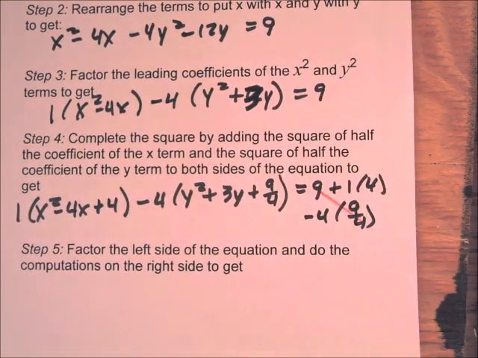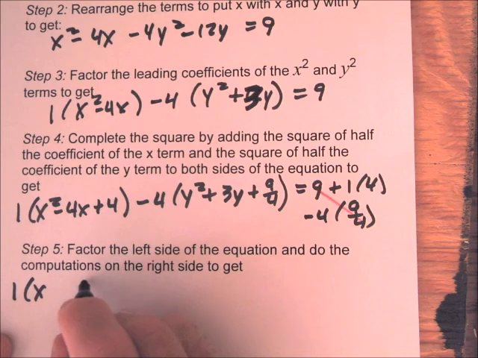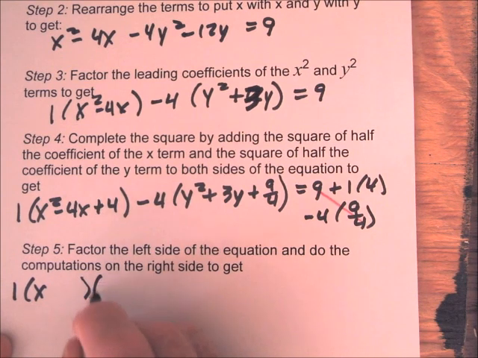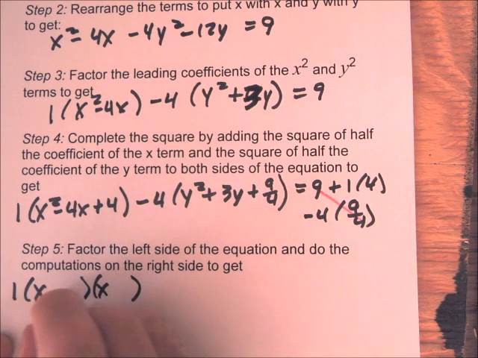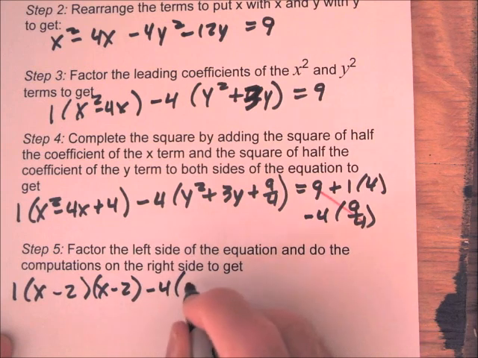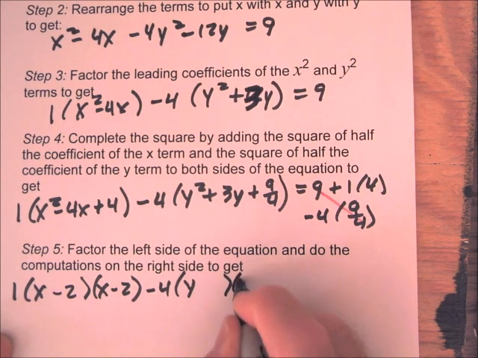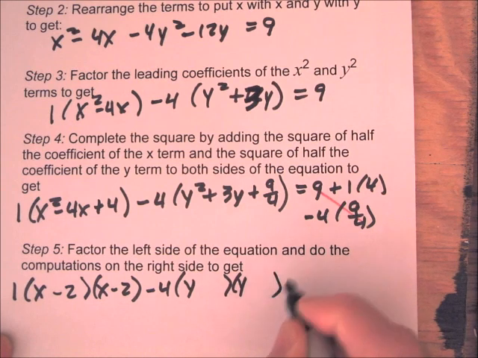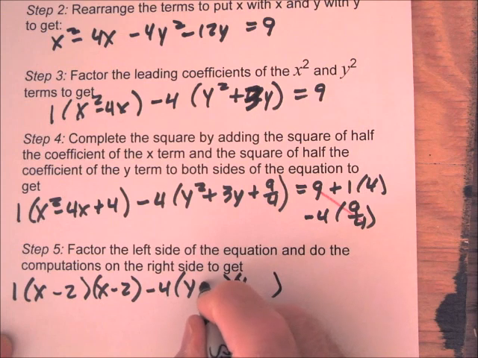Okay, so let's factor these. 1 parentheses, x times x gives us x squared. And then we need two numbers to multiply to 4, add up to negative 4, so it'll be negative 2 and negative 2. And we'll have minus 4 parentheses. y times y is y squared. And then we need two numbers to multiply to 9 fourths, add up to 3. So it'll be plus 3 halves.